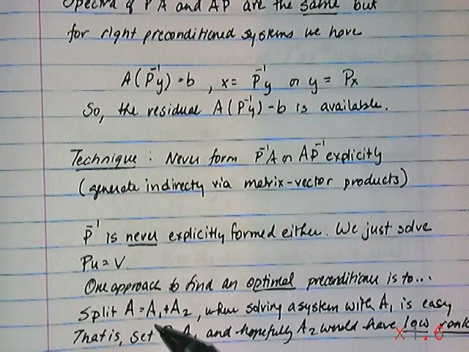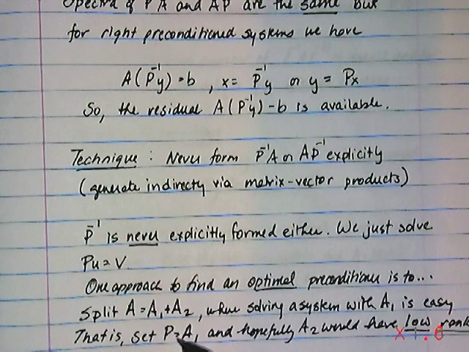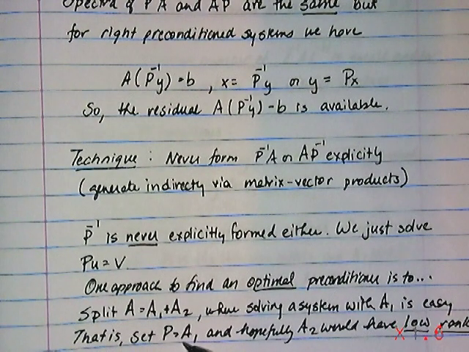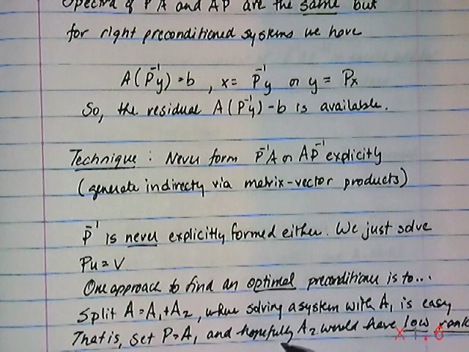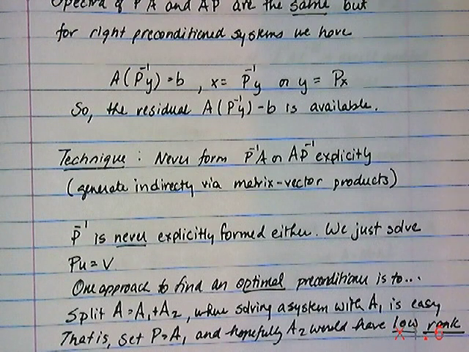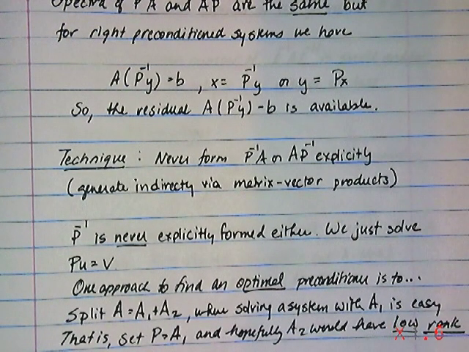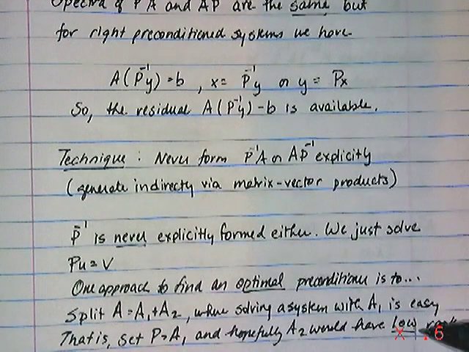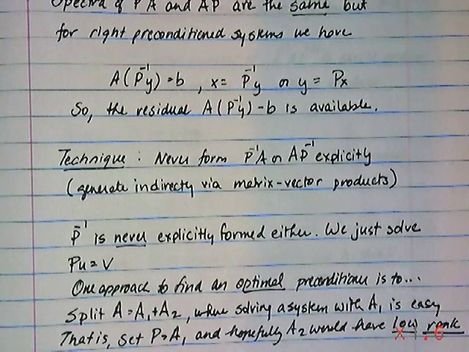You really want A1 to be very easy to solve with, perhaps triangular, perhaps diagonal. And then you would choose the preconditioner to be the A1 matrix. And hopefully what's left over in A2 would have very low rank. In other words, most of the independence has been captured and there's just a little bit left.